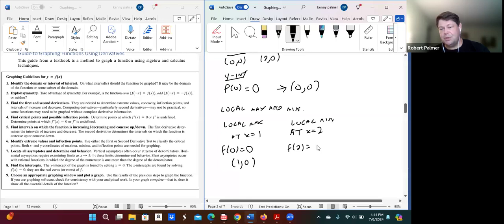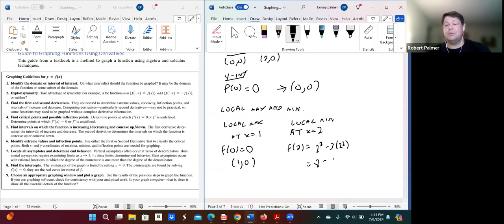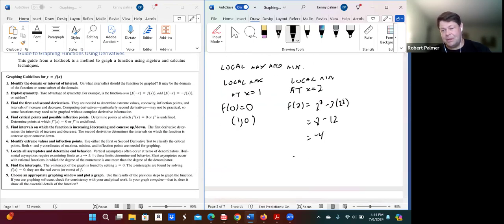So we'll do 2 cubed minus 3 times 2 squared. And so that's going to be 8 minus 3 times 2 squared. 2 squared, of course, is 4, times 3 is 12. That's going to be negative 4. And so that coordinate is going to be (2, negative 4).